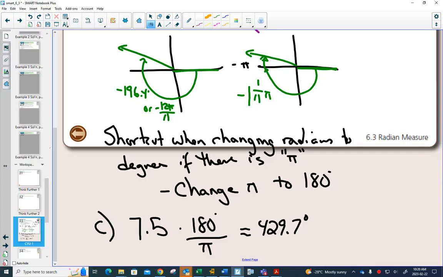Whenever you leave a unit off in an angle, you are now talking radians. I know some teachers create their own unit when they're dealing with radians. I know one teacher that makes a degree sign and puts a little R inside of it. That means radians. But there is no unit for radians.